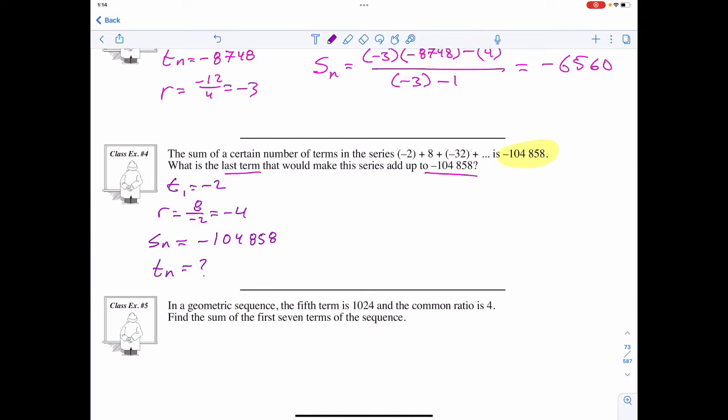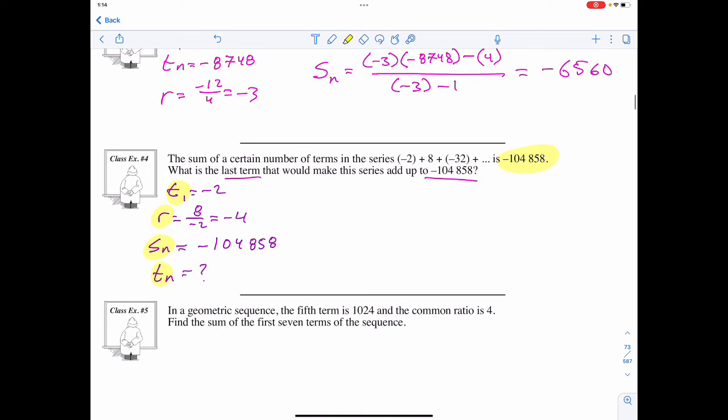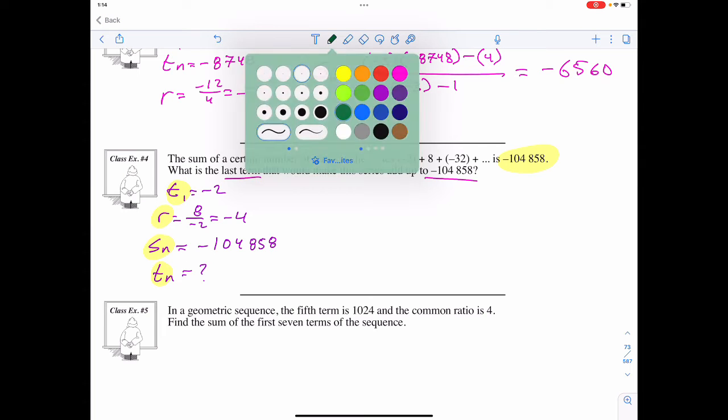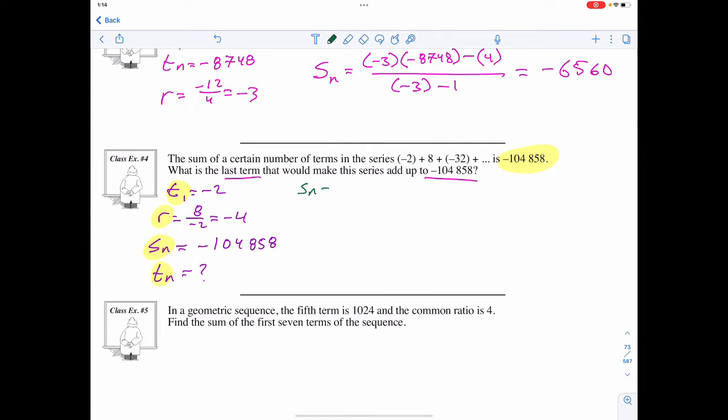Because what I'm trying to solve is my Tn, and I have these three other pieces of information, I'm going to use the equation that only has those four pieces of information. I'm going to use my Sn is equal to R times Tn minus T1 all over R minus 1, because I can sub in all the other values.